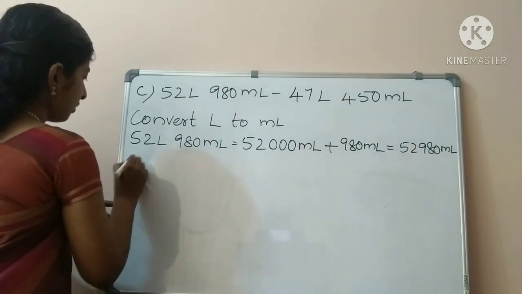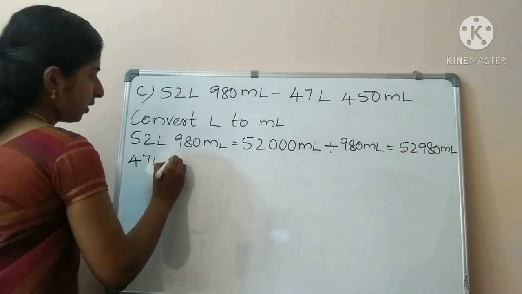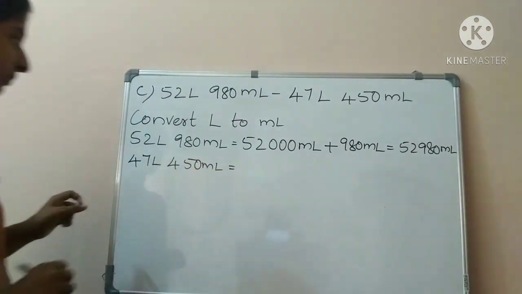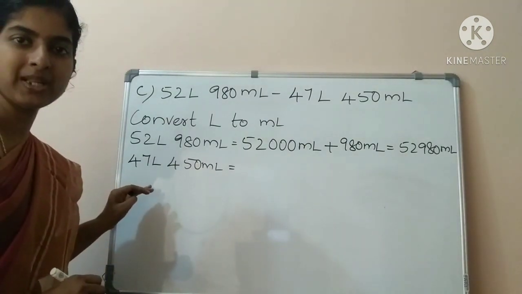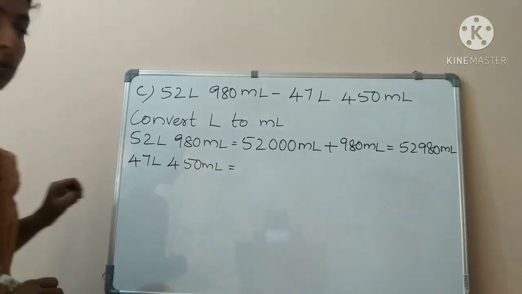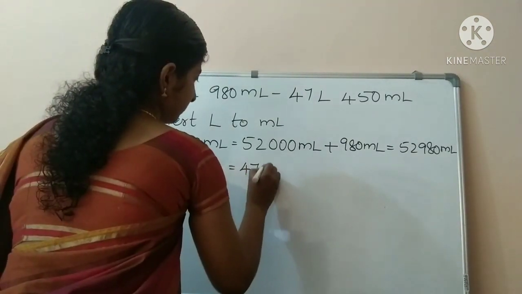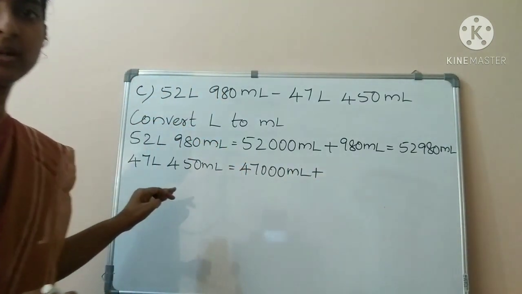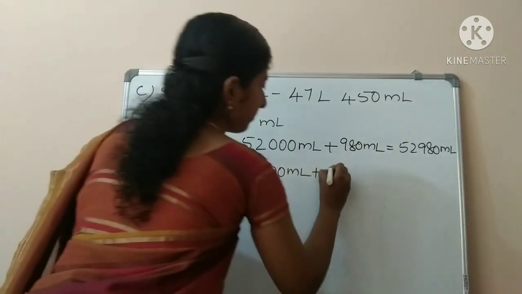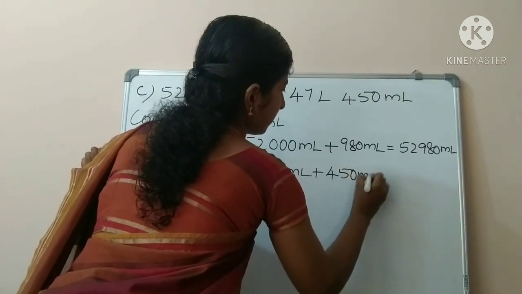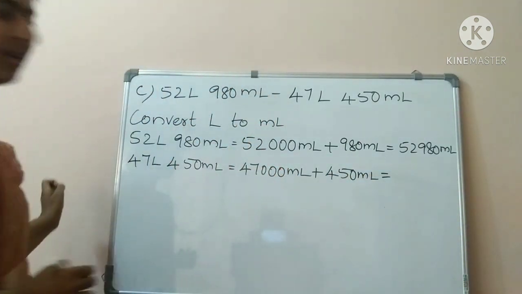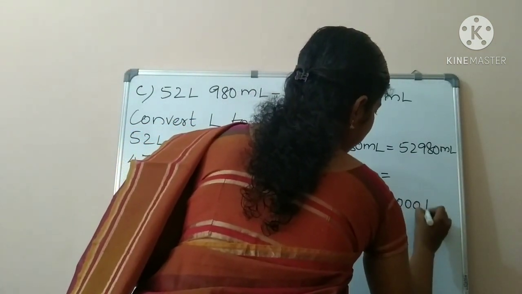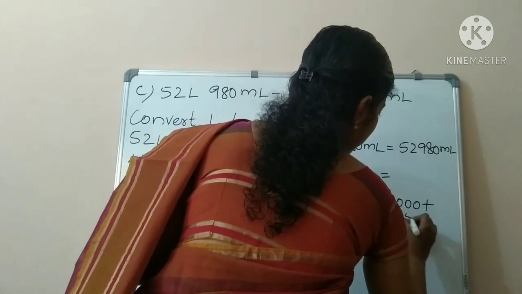Then next term is 47 liter 450 milliliter is equal to 47 liter. How many milliliter? Yes, 47,000 milliliter plus, then next 450 milliliter. 47,000 plus 450.